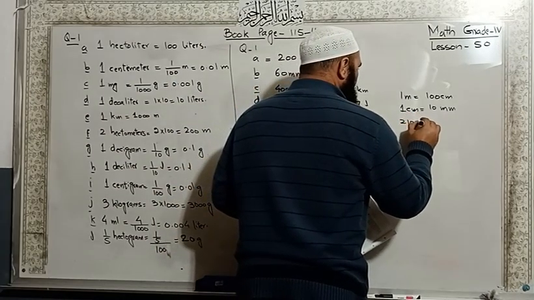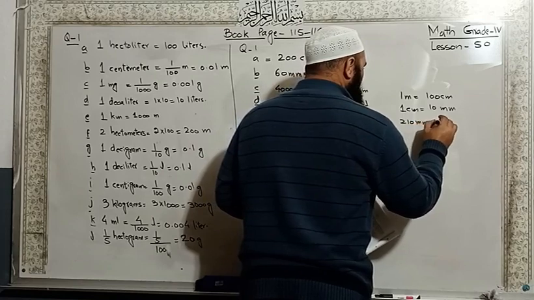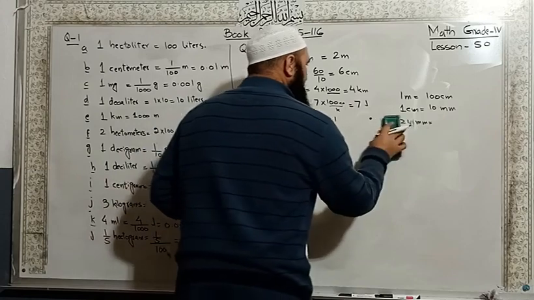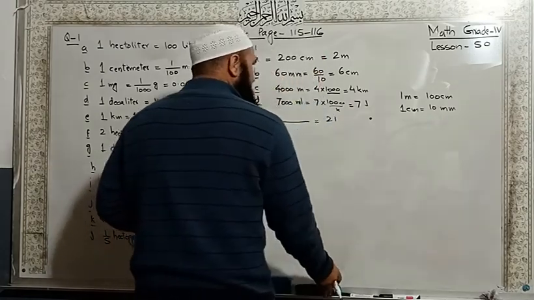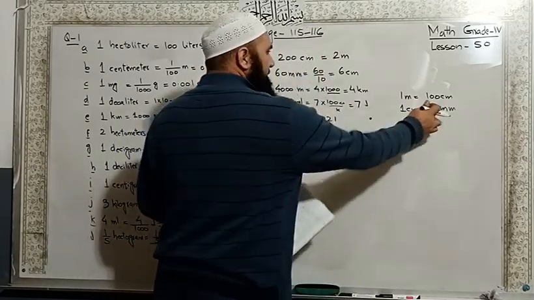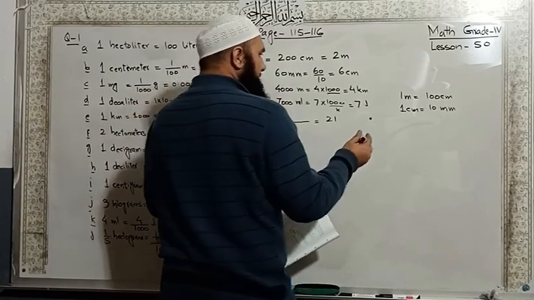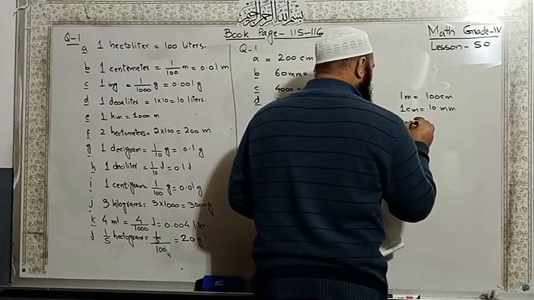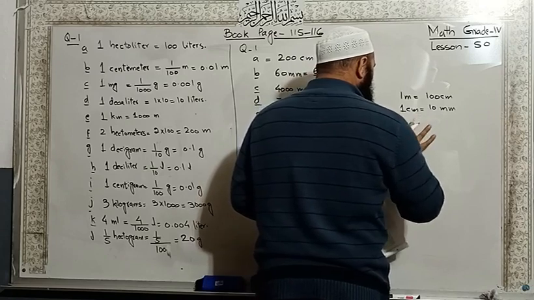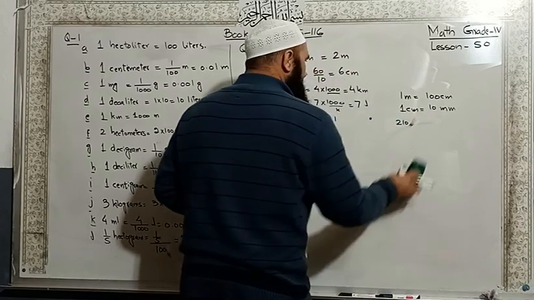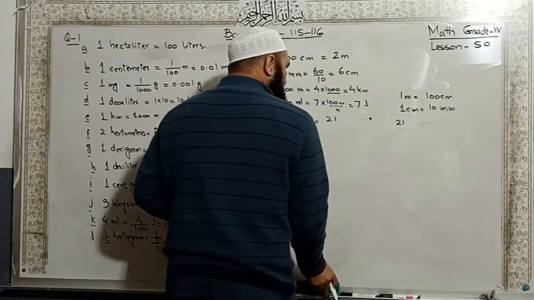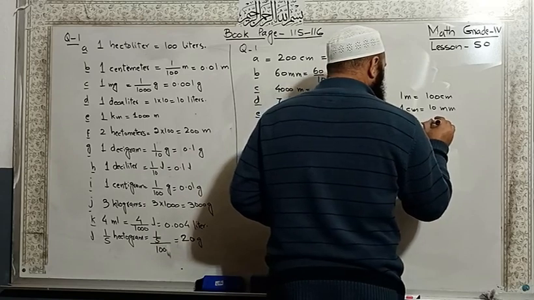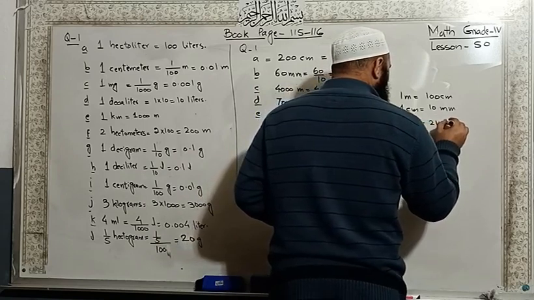Try to understand this. If 1 centimeter is equal to 10 millimeters, then 21 centimeters will be equal to 21 multiplied by 10.